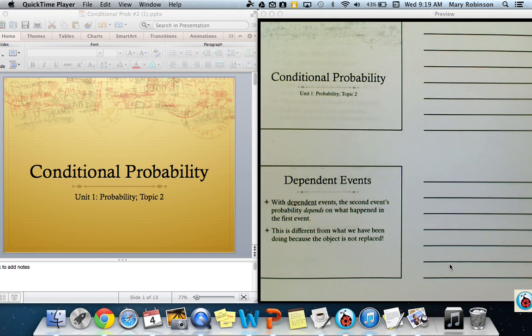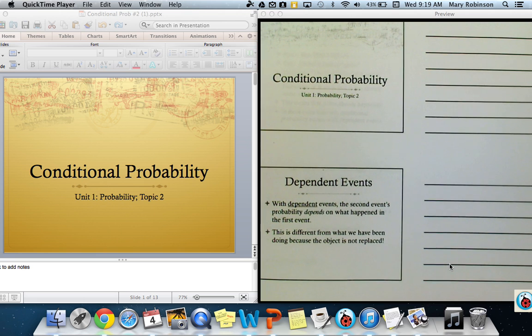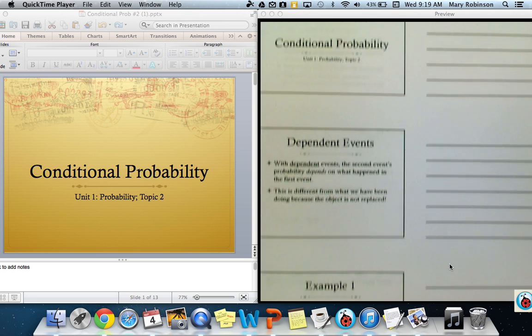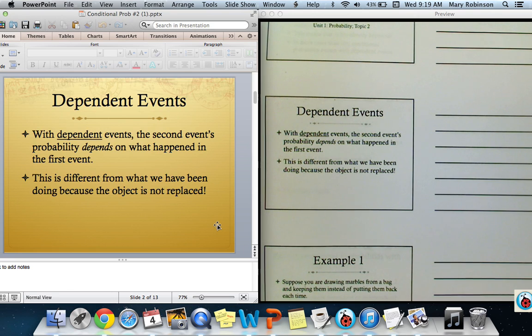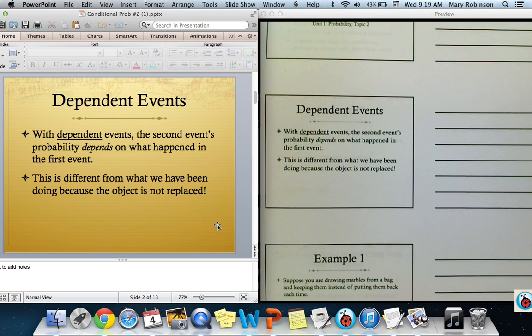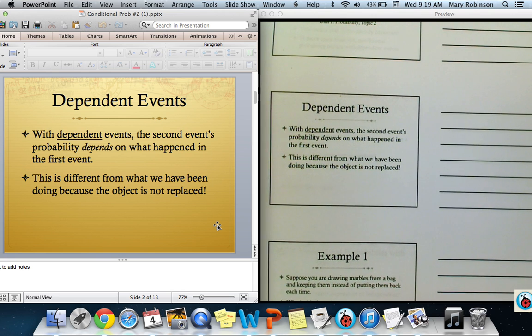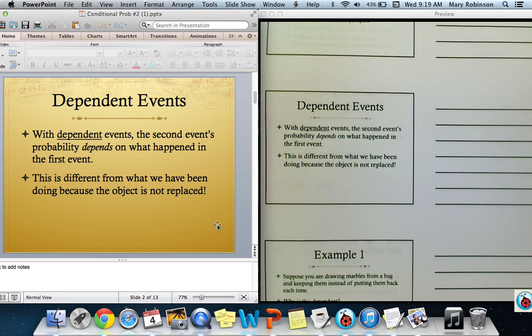Hello, this lesson will be on conditional probability. We've already talked about the difference between independent and dependent events, so I need you to understand that conditional probability will be calculated when events are dependent.